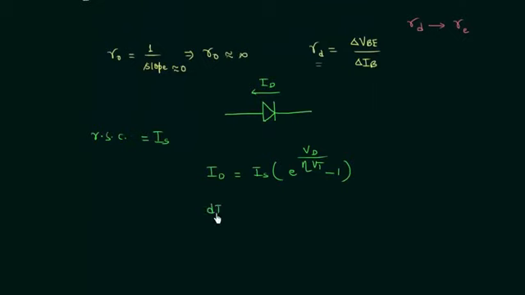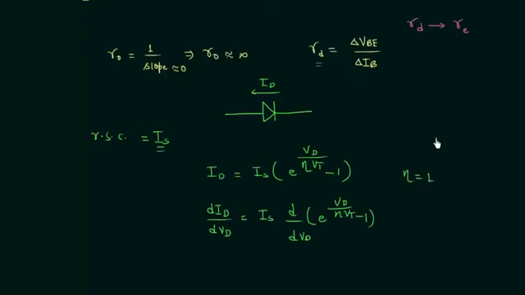So we have dID by dVD equal to IS, which is constant because it is the reverse saturation current, so we have to differentiate e raised to power VD divided by eta VT minus 1. We will differentiate this quantity, and let's say eta is equal to 1.